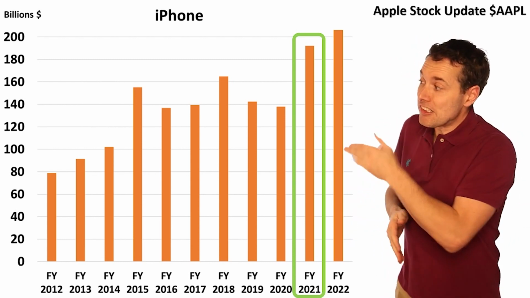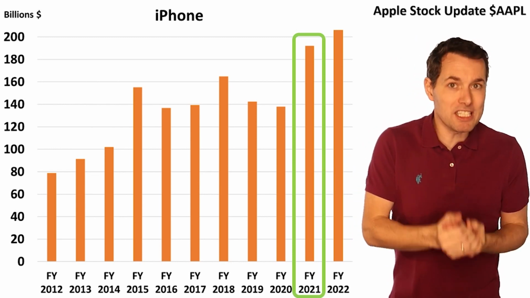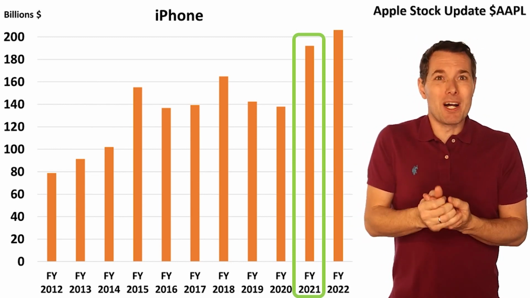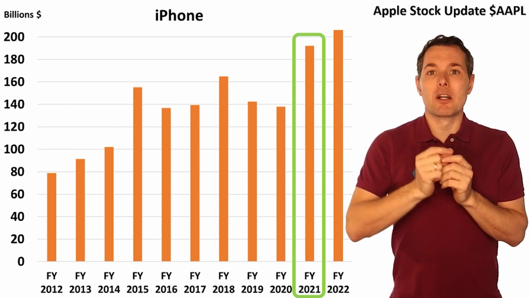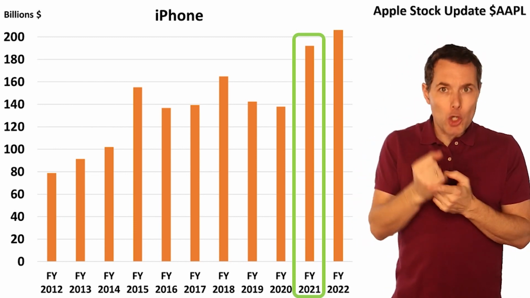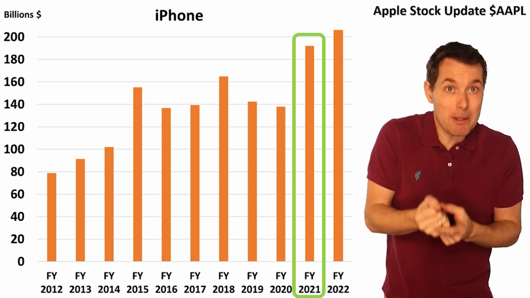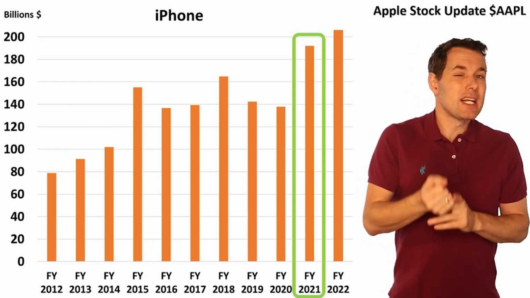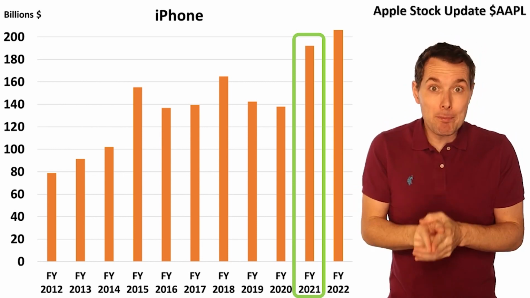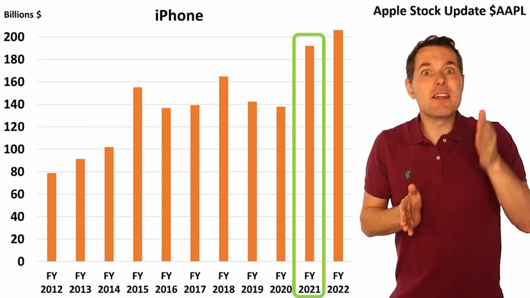First, all the big spikes we see in Apple's numbers came from new iPhone releases, which is logical. But 2021 was a little bit different because the iPhone 12 was launched in October of 2020. The iPhone 13 came out in September of 2021. Now that's important because Apple's fiscal year ends at the end of September.